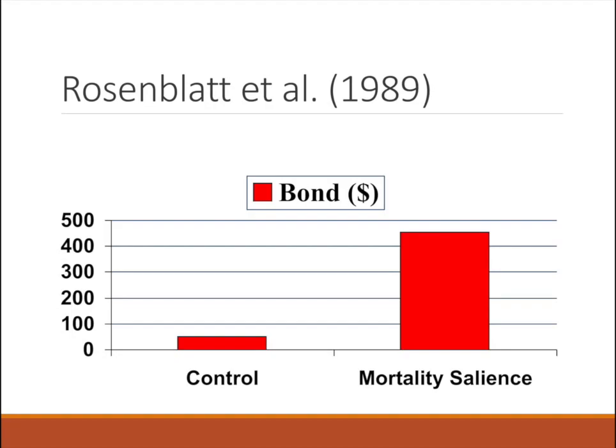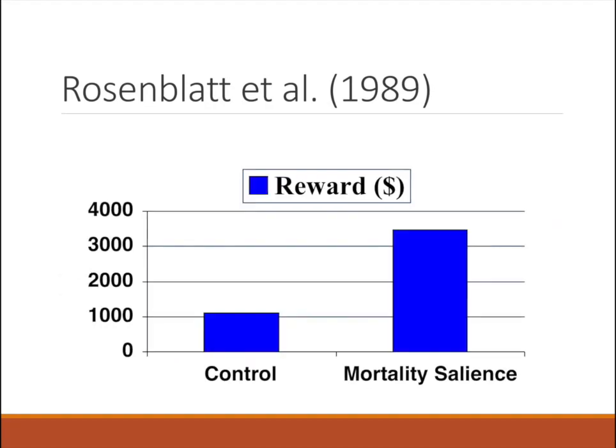How much of a reward, a monetary reward, should we give them? And again, control group, you want to reward them, but maybe $1,100 in the control group? But when you've been reminded of your own death, the average reward is about $3,500. So you see both sides over here. Worse treatment of the outgroup and better treatment of the in-group, especially when you've been primed with your own death.